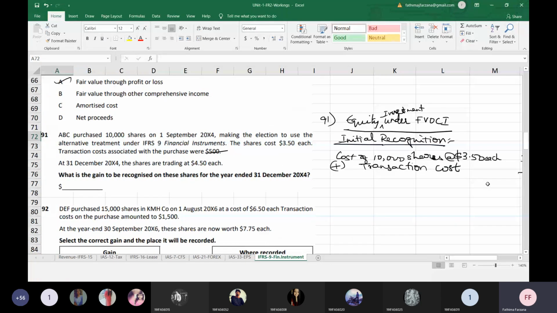Now tell me, what is the fair value of the shares on 31st December 2004? Is it given anywhere?